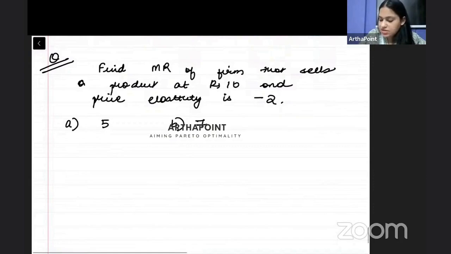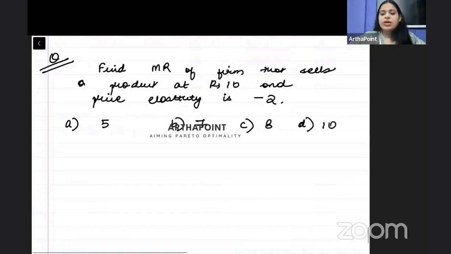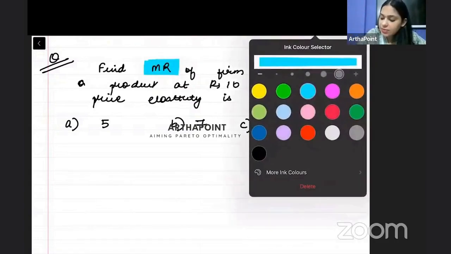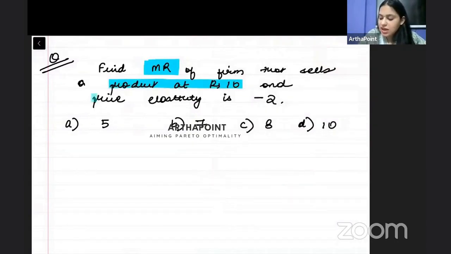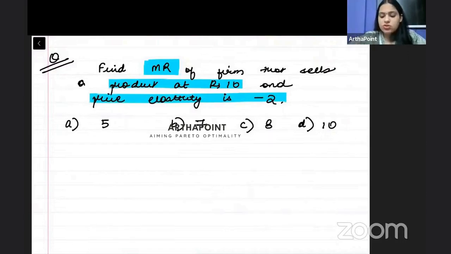Option number B, 7. Option number C, 8. Option number D, 10. Right? So find out the marginal revenue of the firm where you are given that the price of the product is ₹10 and price elasticity is -2. I'm giving you some time. Try to do this yourself.